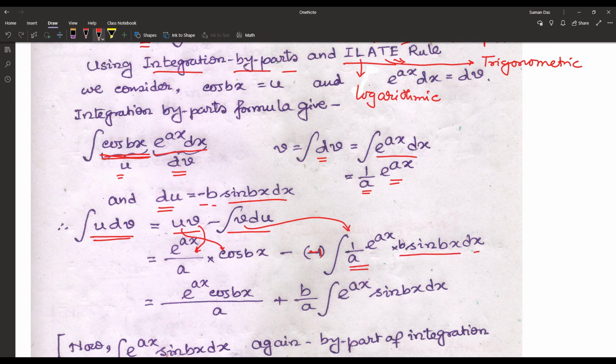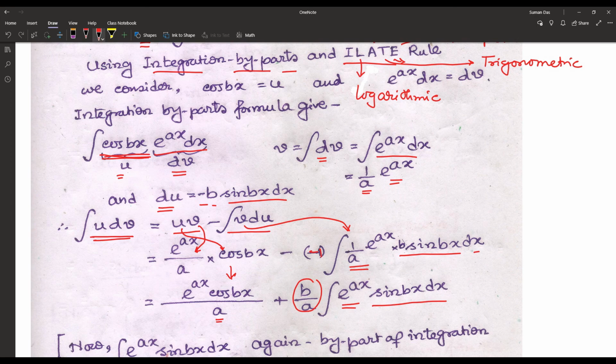Minus b was there and that minus 1 has been taken common. So we can take common b by a from here, that's a constant. So the result is here: integration of e to the power ax sin bx dx, and here that one is e to the power ax cos bx divided by a.